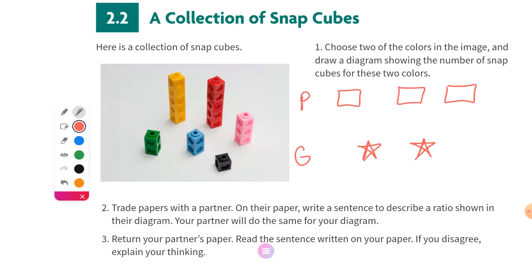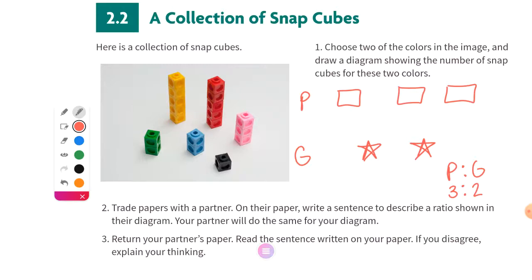If I can't group them at all where every group is the same, then our ratio is just what it looks like. So my ratio of pink to green would be 3 to 2.